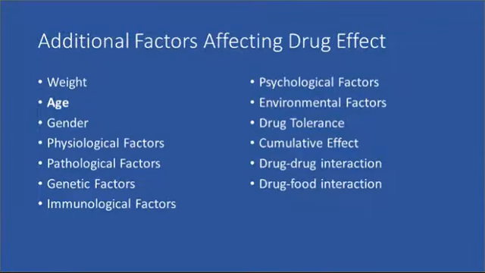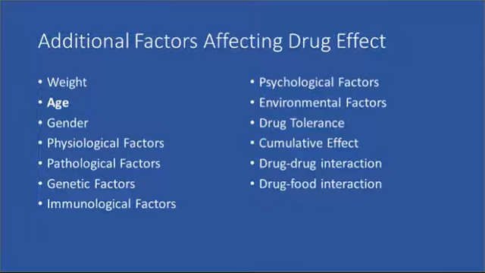What other things affect a drug in the body? A person's weight, their age, their gender. Males and females have different percentages of fat naturally on their body, and muscle in their body, so that affects absorption of drugs.